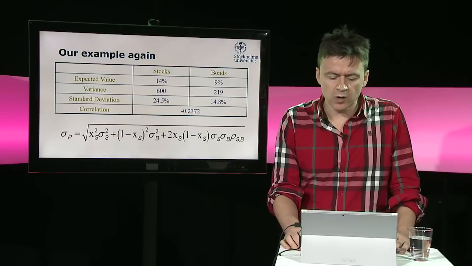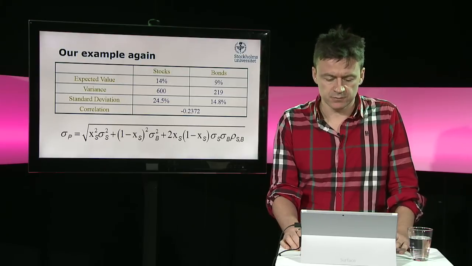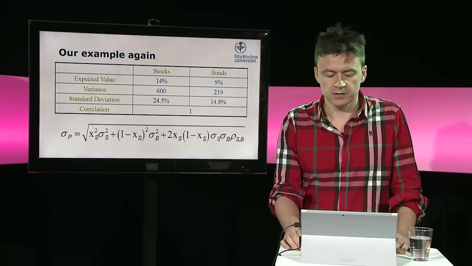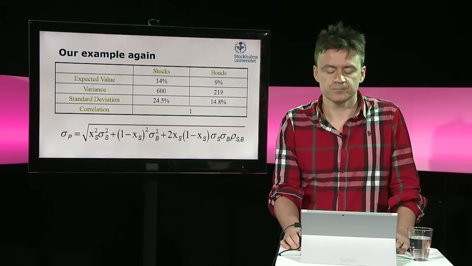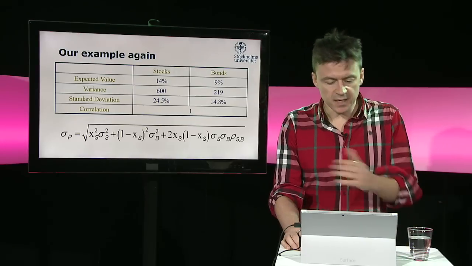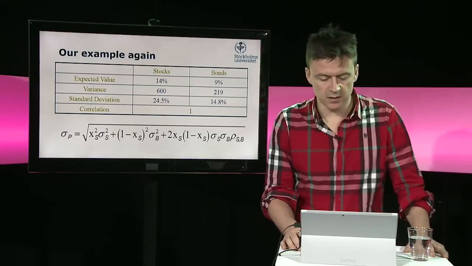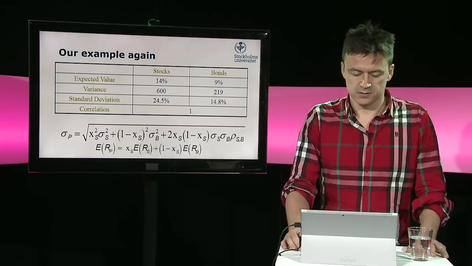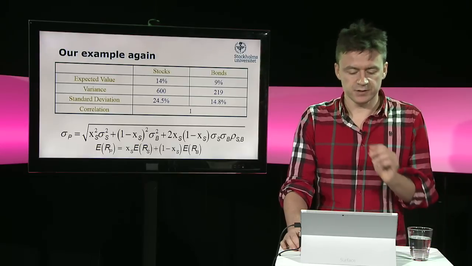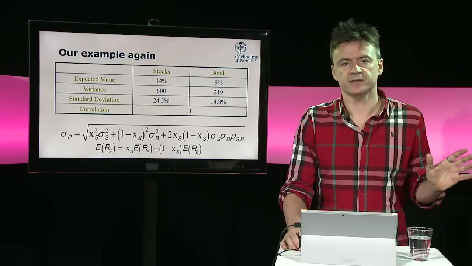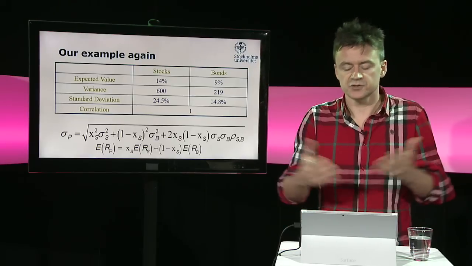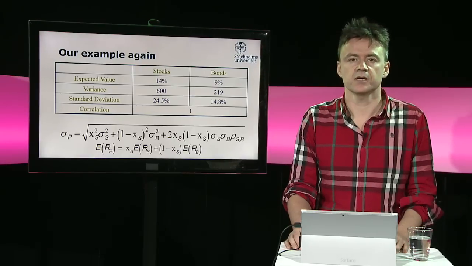So, for example, what would happen if we had chosen a value of the correlation of 1 instead? Let's see how our graph would look like. First, note that the expected return is not going to be affected at all by this change, because the expected return of the portfolio does not depend at all on this correlation.